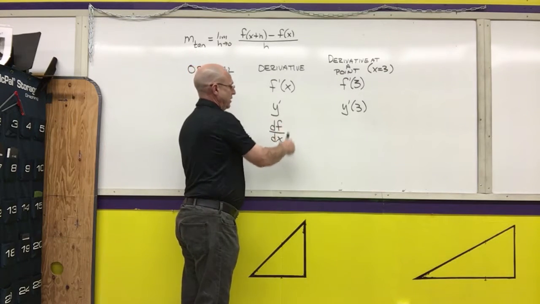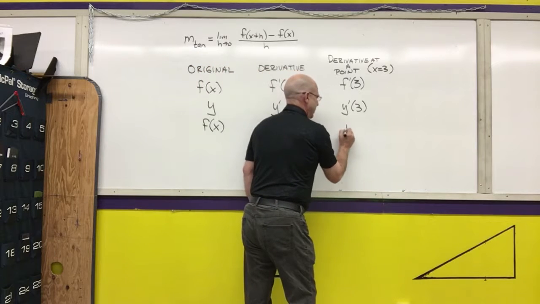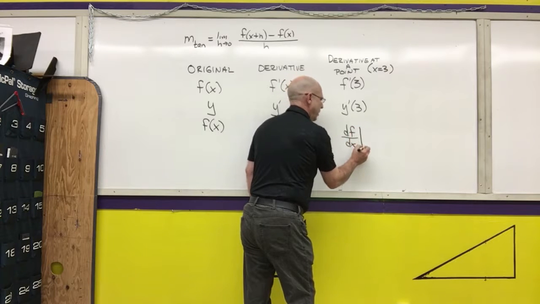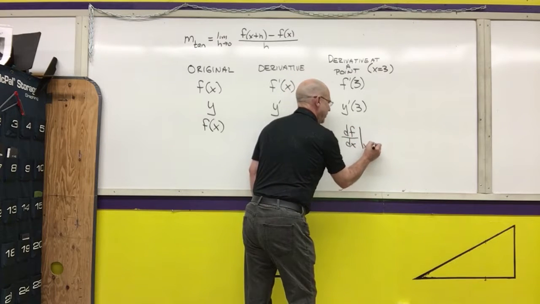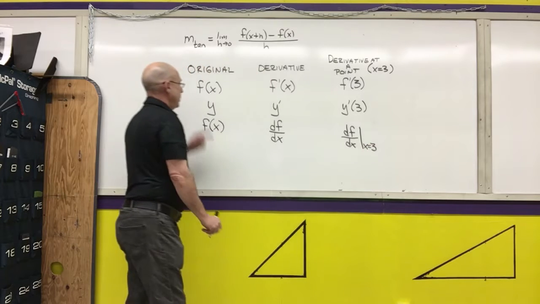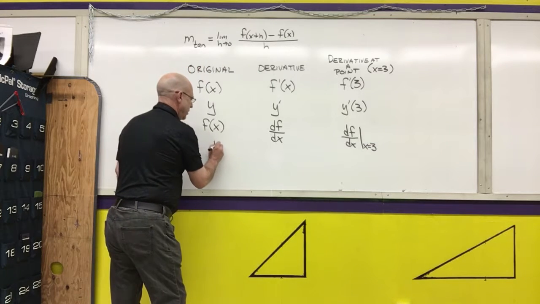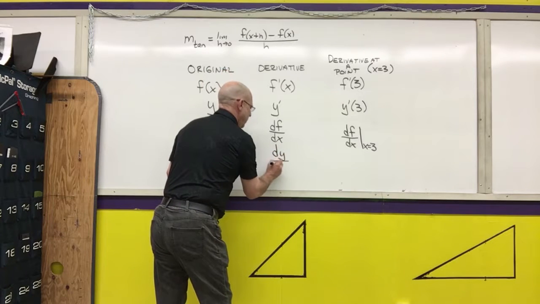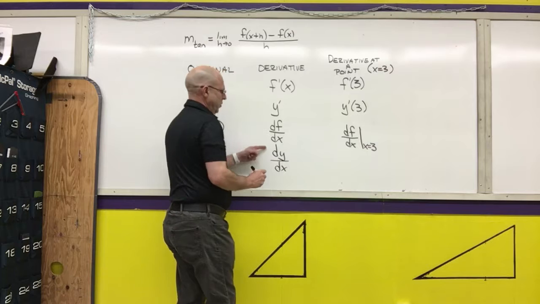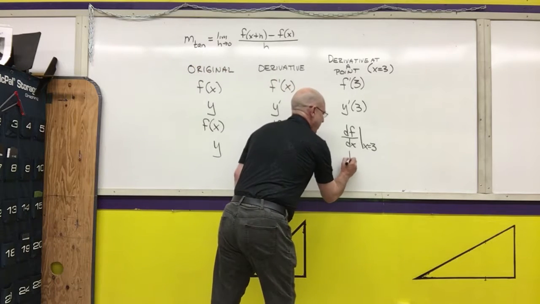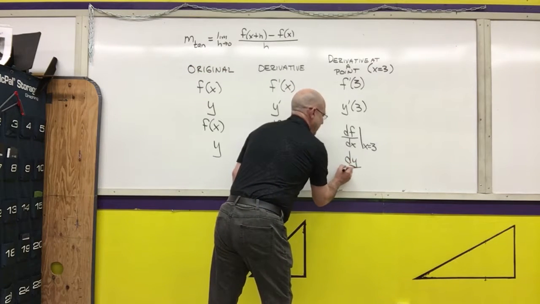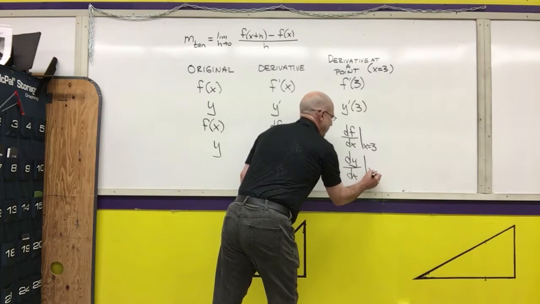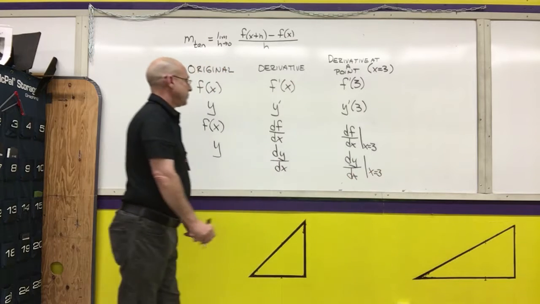If I want to evaluate this at a point, I would write df over dx with a vertical bar, and I write what point I wanted to evaluate it at. Using the y notation, I could also write this as dy over dx, so dy dx. And again, if I want to evaluate it at a point, I'd write dy dx evaluated at x equals 3.